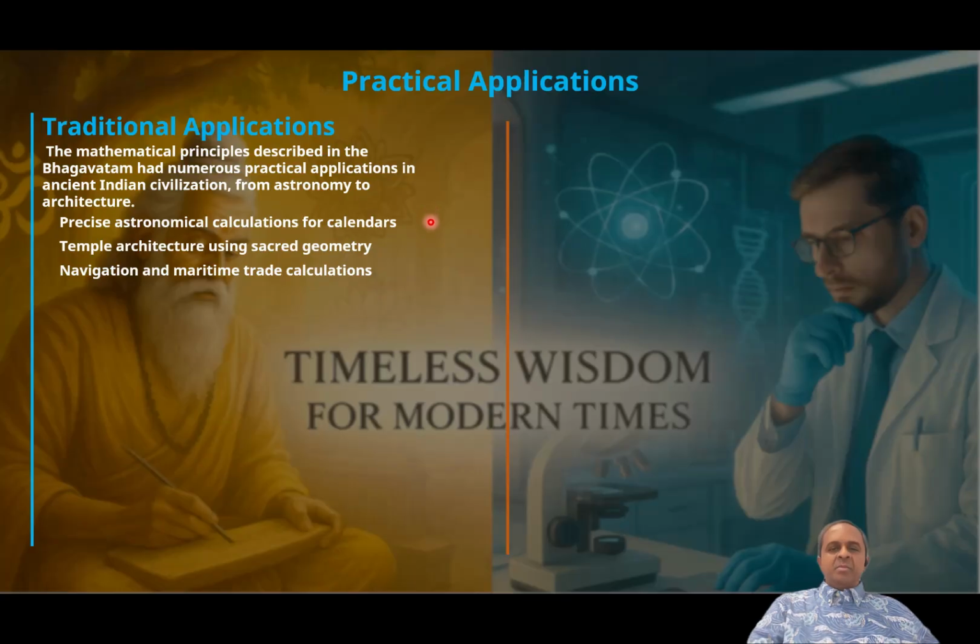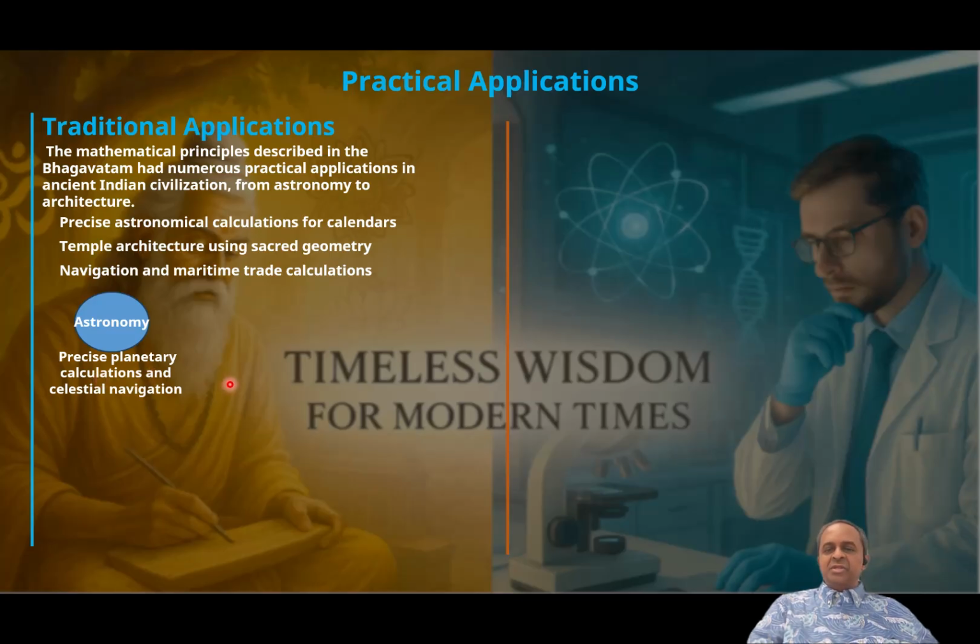Astronomy: precise astronomical calculations for calendars enabled accurate prediction of celestial events, seasonal changes, and religious observances. The mathematical precision required for these calculations demonstrates advanced understanding of trigonometry, geometry, and time measurement. Let's look at it from an architecture perspective.